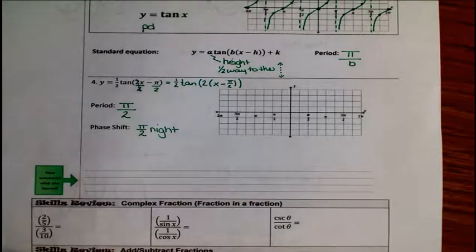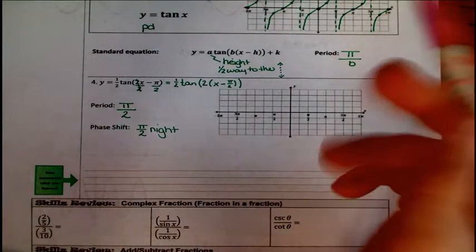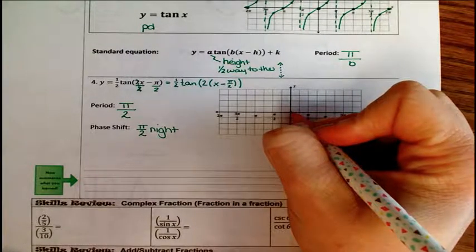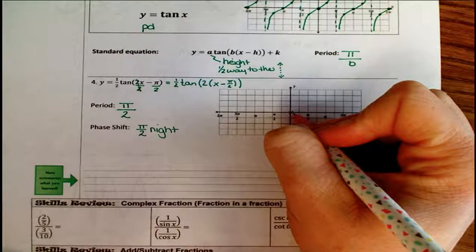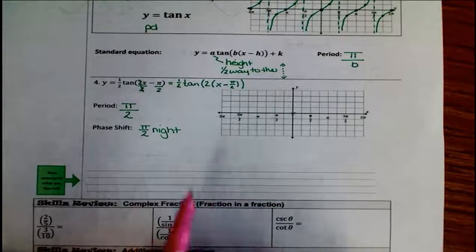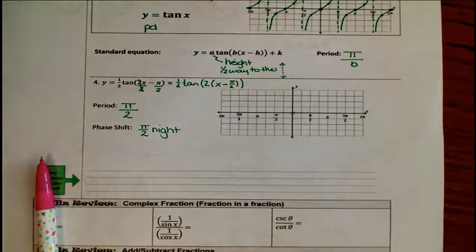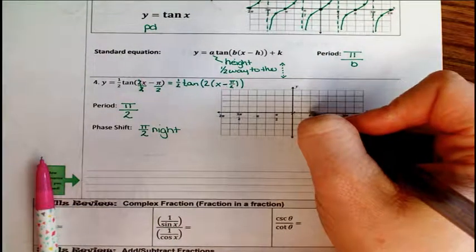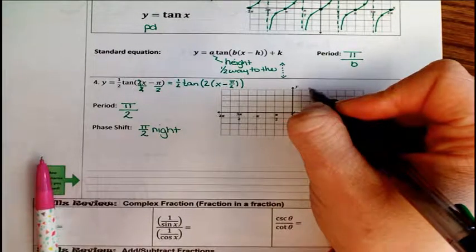All right, we are going to go ahead and plot what it would typically look like. We would typically have our intercept right here at 0. And then because my period is only pi over 2 long, that's going to move my axis of symmetry. I'm going to have to shorten that up. It's only going to be halfway.